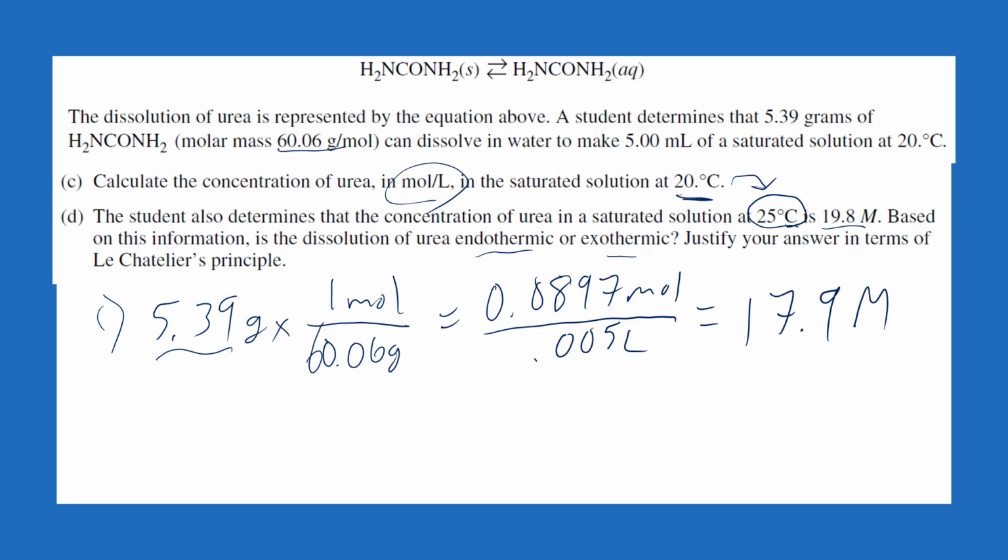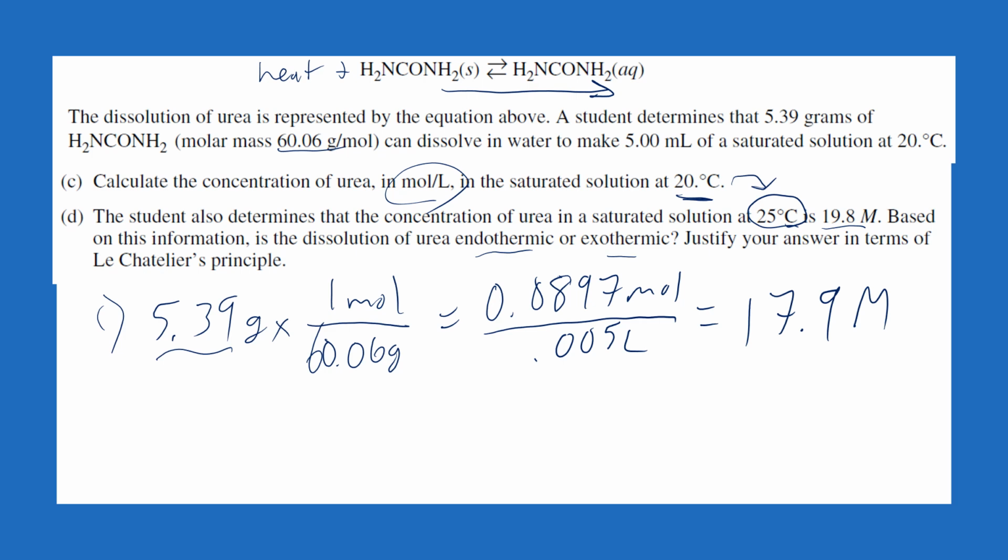So when you increase the temperature, you're getting more on the product side. It's dissolving more. Higher temperature, it will move away from the heat. So if we're going to the product side, then the heat must be on the reactant side if we're going away from it when the temperature increases.